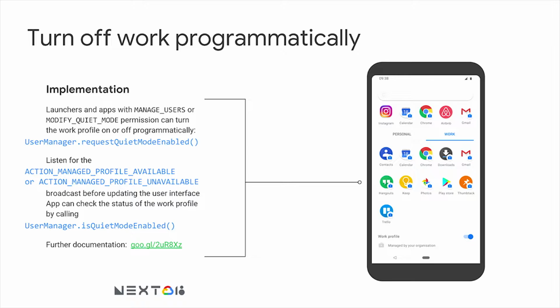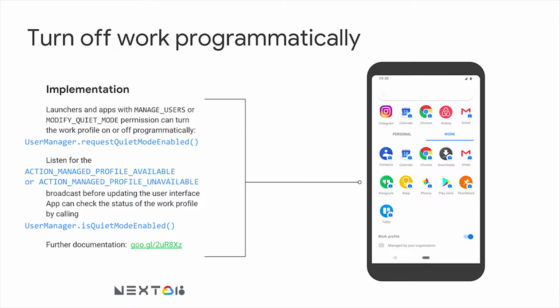So the behavior I've just described is actually part of the default system launcher that will launch with Android P. But if you're a developer of your own launcher, you too can join in this experience. There is an API to request quiet mode enabled. That's what turns the work profile on and off.